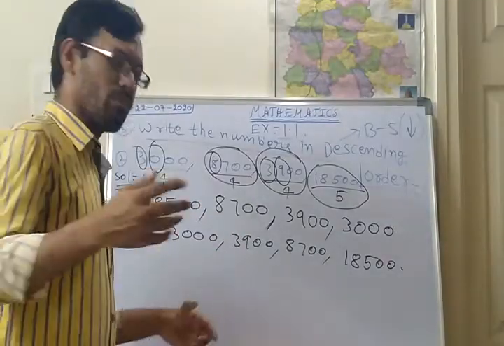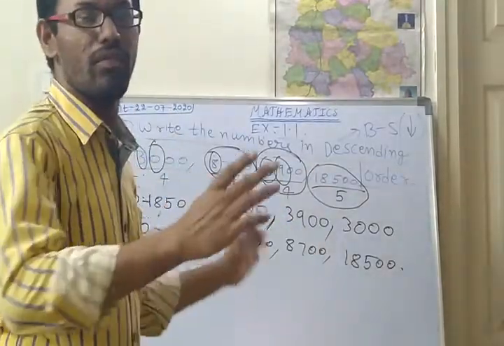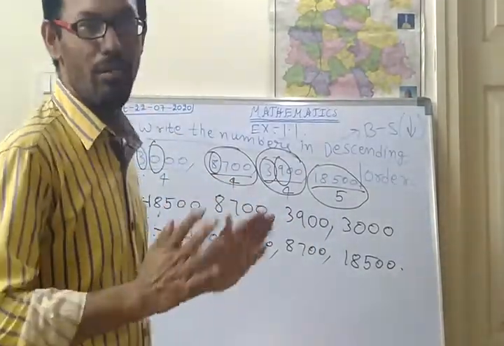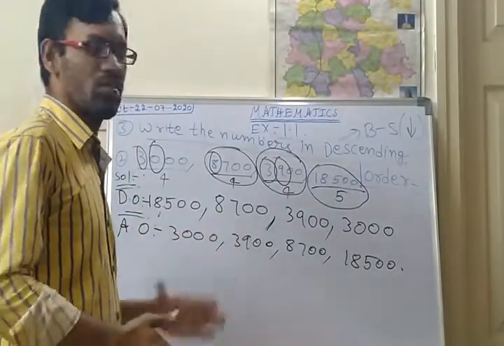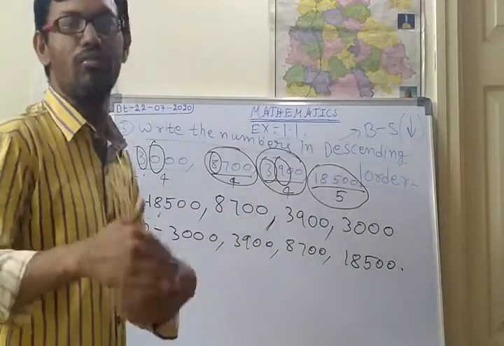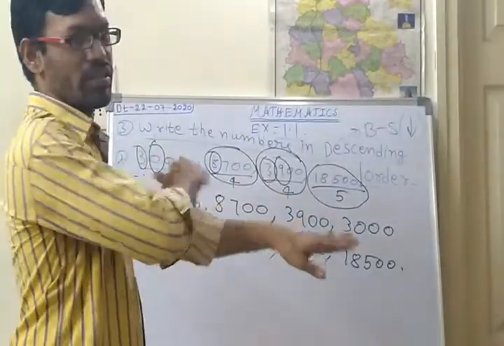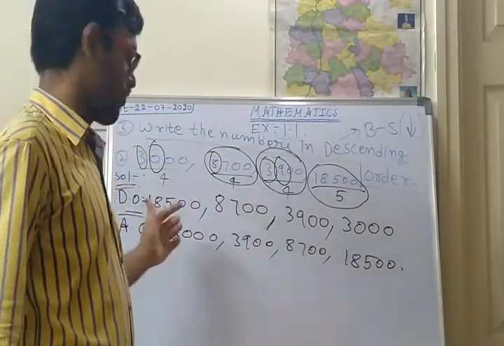From the exam point of view, they will ask, write the ascending and descending order for the following series of numbers. At that time you can write these two things. If you got one order, the other order will come very easily, because you just reverse that one. If you got descending order, reversing it gives ascending order, from small to big.